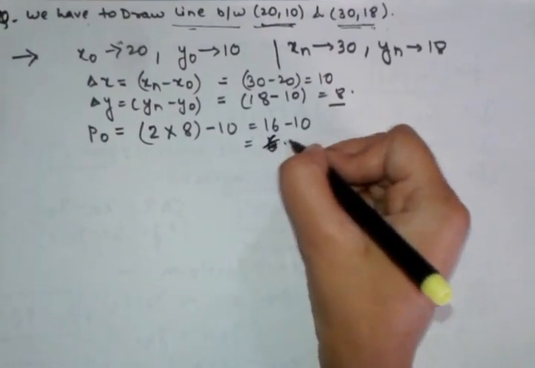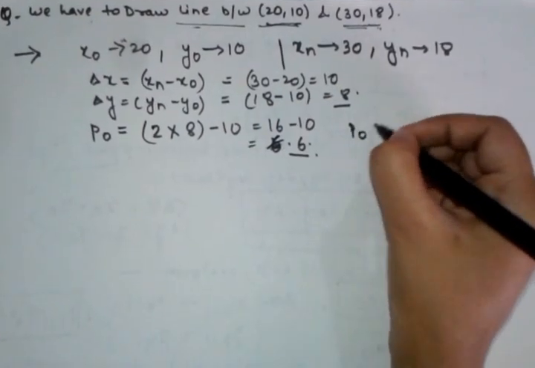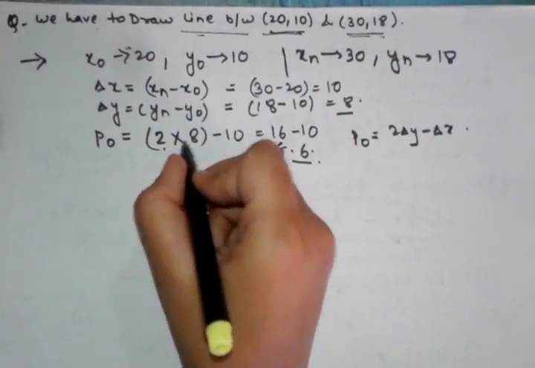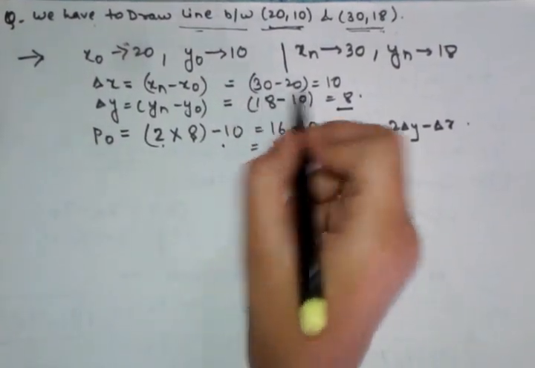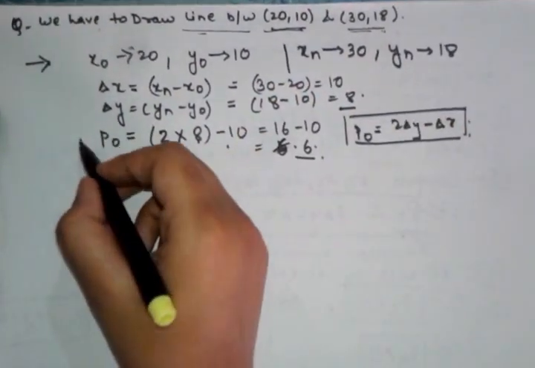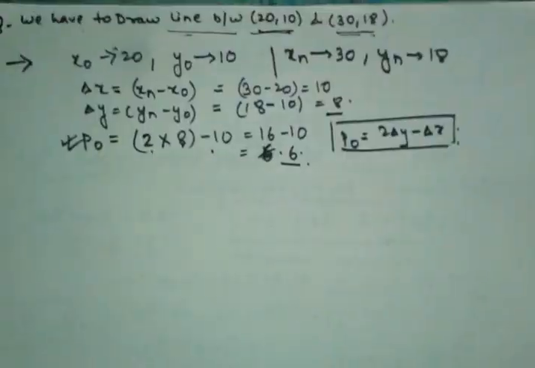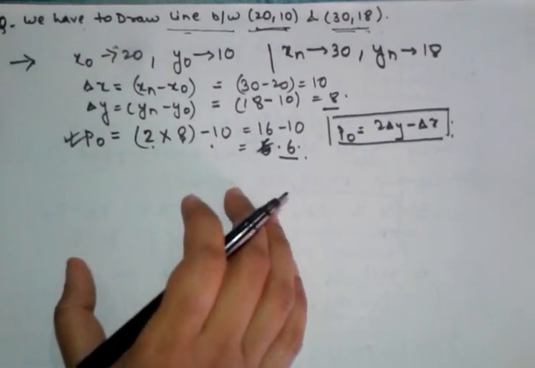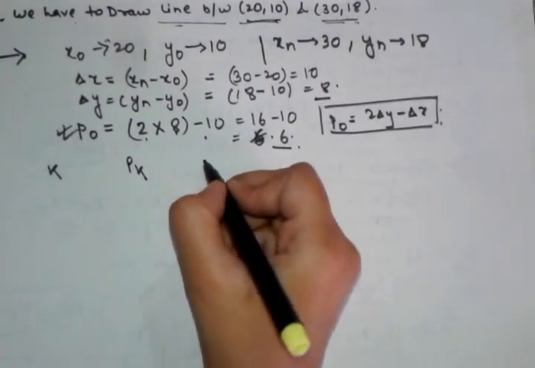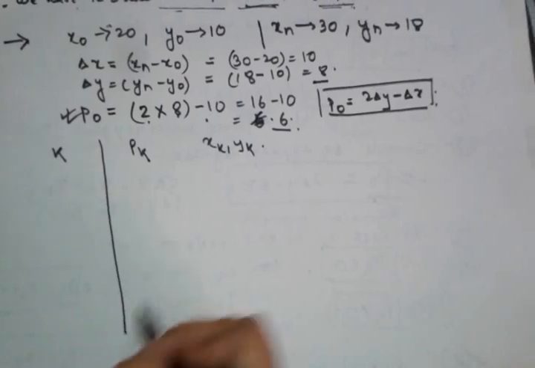We calculate p0 using the formula 2 del y minus del x. Next we make a table denoting k, pk, xk and yk values. Okay, we just draw one table.